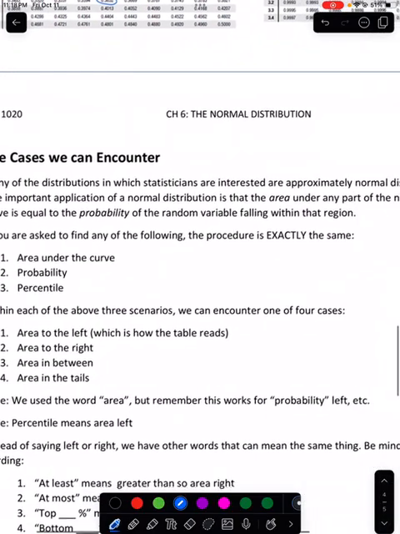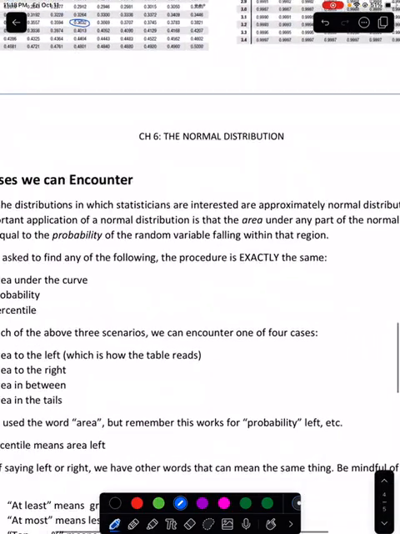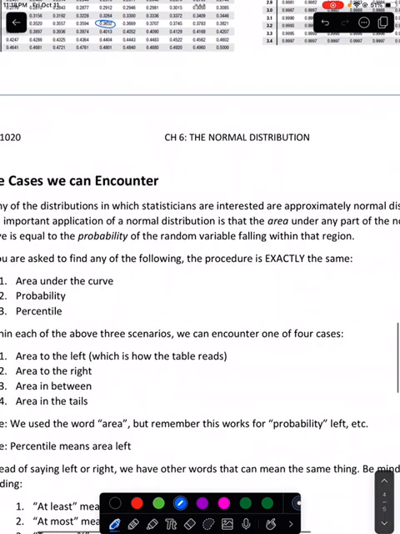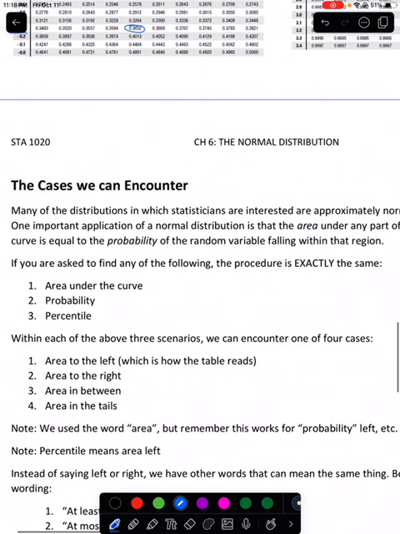Now note here that if you are asked to find any of the following, the procedure is exactly the same. You could be asked to find area under the curve, or probability, or percentile. Now within each of these scenarios, we can encounter one of four cases. We could be asked to find the area to the left, which is how the table reads, area to the right, area in between two z values, or area in the tails.